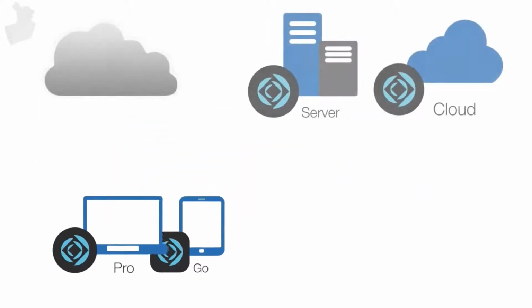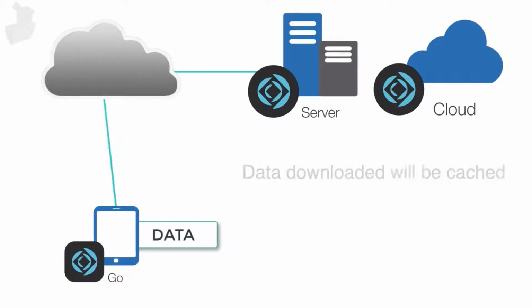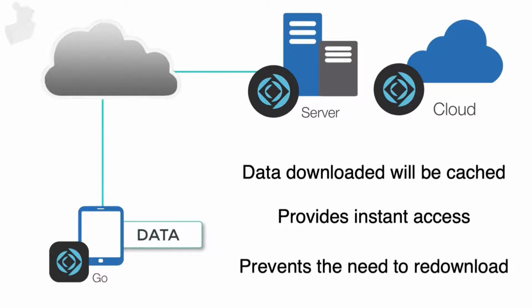So as the Go user logs onto the server, it will download some of the data from the server, and it will cache that data locally on that mobile device and interact with it as appropriate on that mobile device. And any data that it has already downloaded and has saved locally on the device, well, that provides instant access and prevents the need to go back out across the internet to recommunicate to the server to get the information.